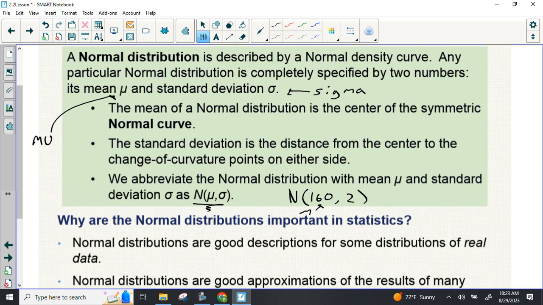It's understood by their position that mu is 160 and sigma is 2. In other words, the mean is 160 and the standard deviation is 2. So you'll get this notation put up there, and you get a lot of information from it. You basically know what this distribution looks like when you're given the mean and the standard deviation.